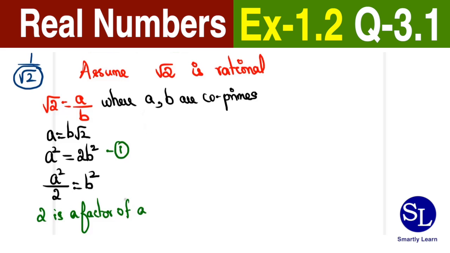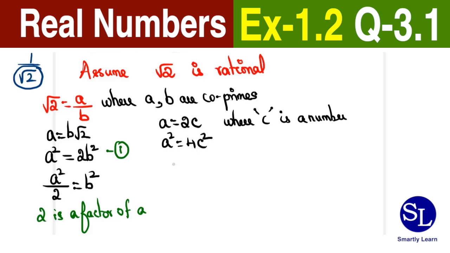So now that 2 is a factor of a, what is it that I can write? a is going to be equal to 2c, where c is a number. Okay, so now what is a squared? a squared is equal to 4c squared. I already know that a squared is equal to 2b squared.